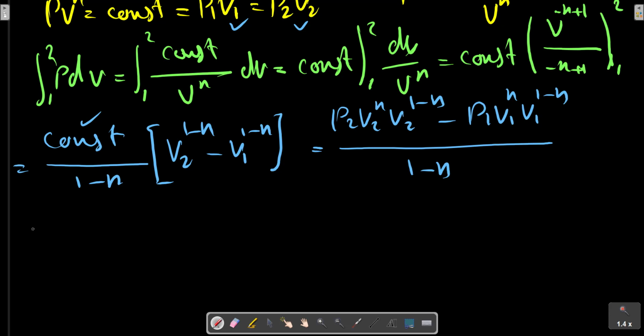Now we can write the final expression for P2 V2 minus P1 V1 over 1 minus n.